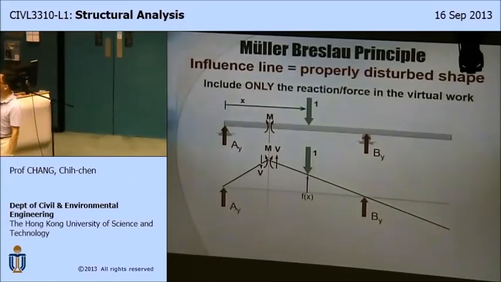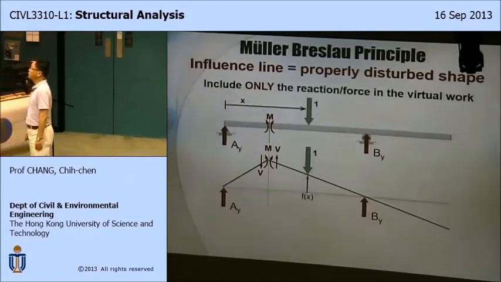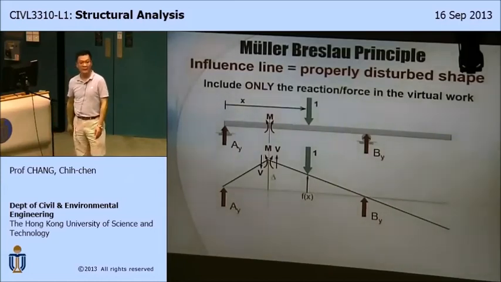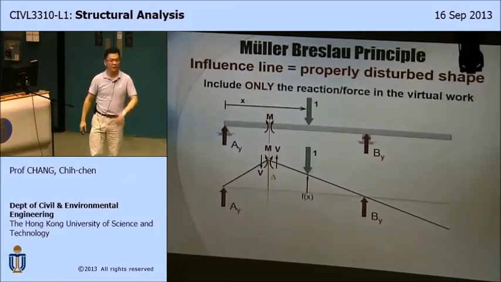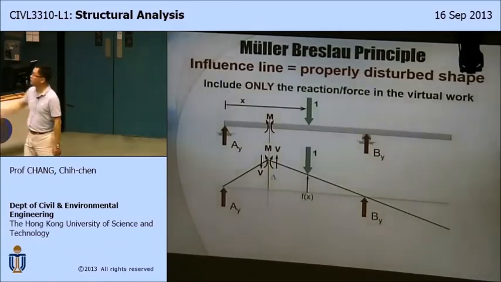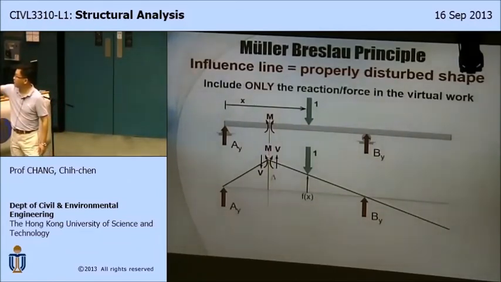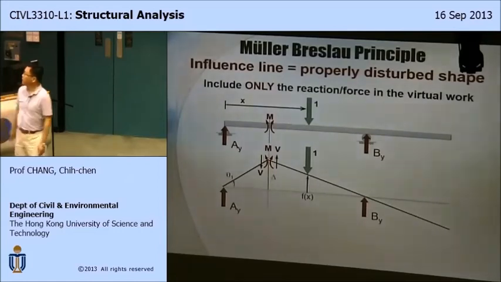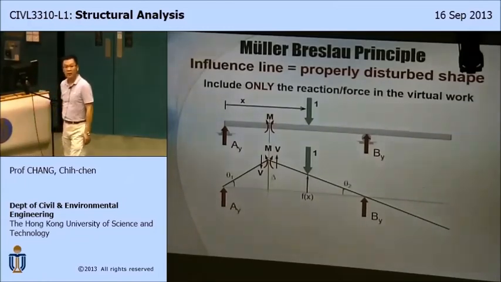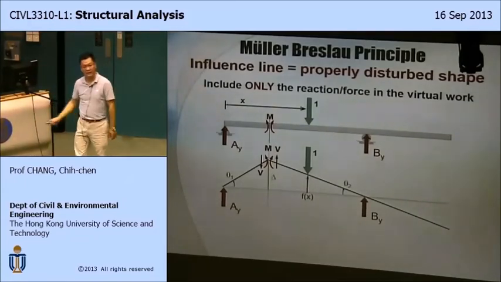So you need to figure out what will appear in your virtual work calculations. Imagine that I pull this point up by delta. Then I will have a rotation angle theta 1 created because of that, and a rotation angle created on the right-hand side as well, theta 2.